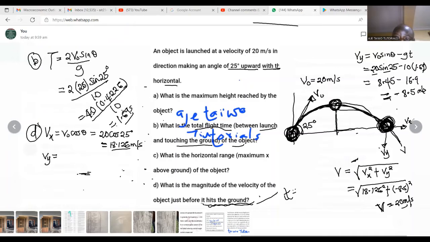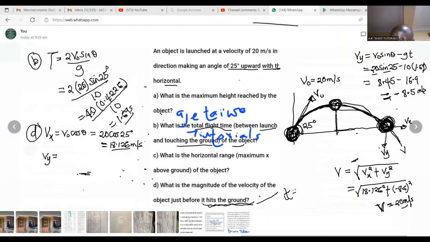But just before it hits the ground, obviously you cannot decipher the time it will take. Though you can segment the motion into two.